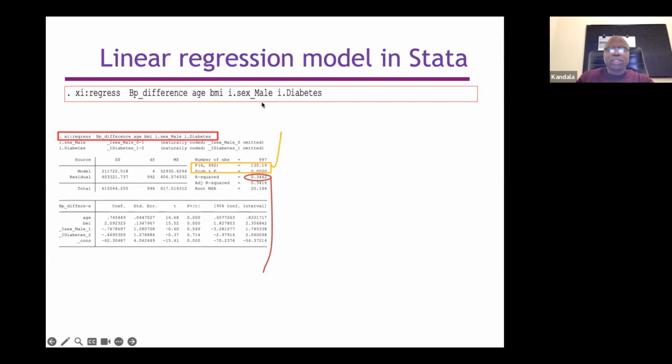You also, this may be confounded by the fact that the patient is a male or a female. So you also add the qualitative variable, that is gender, defined as male or female. And you may also add other variables, like the diabetes status of that patient, whether the person is diabetic or not.